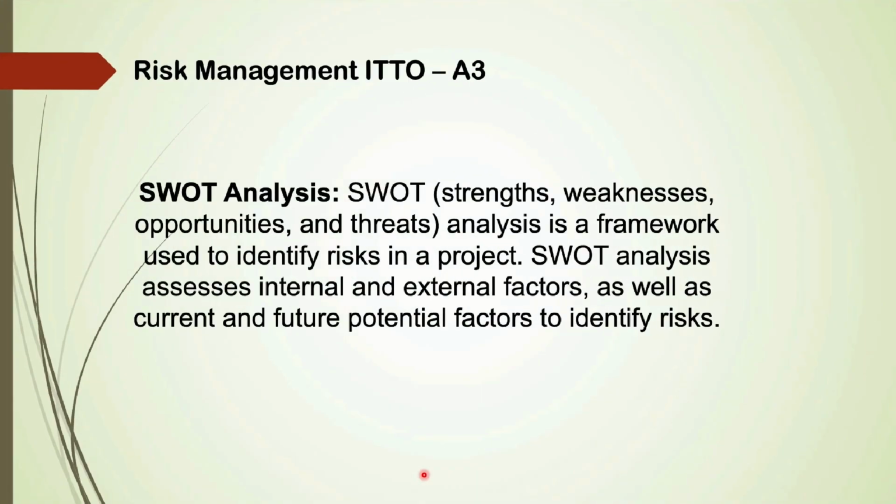Answer: SWOT analysis. SWOT analysis, which means analysis of strengths, weaknesses, opportunities and threats, is a framework used to identify risks in a project. SWOT analysis assesses the internal and external factors as well as current and future potential factors to identify risks.